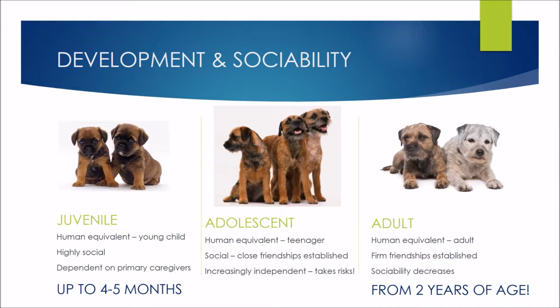The owner thinks, oh, he'll grow out of it. He's just a puppy. And then at a year of age, the owner has new expectations. This is now an adult dog. You should start acting like an adult. Why are you still being a puppy? Why are you still taking risks? And so the bond is broken. They start to believe that they have a bad dog. And sadly, the dog is then relinquished into a shelter or a rescue organisation.